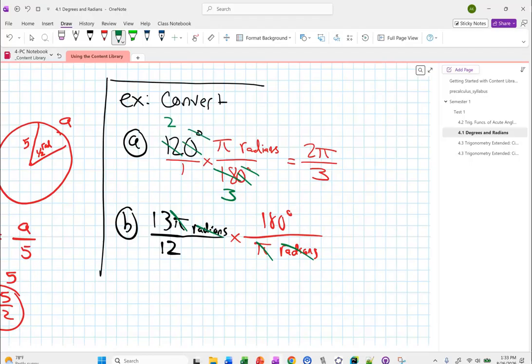Well, I know there's nothing in common between 13 and 12 because 13 is prime, right? How about between 12 and 180? Are there any common factors there? For sure 6, right? Should be easy to see that. So I know 6 goes into 18 3 times, so it goes into 180 30 times. Everybody's good with that? Mental math. Now 2 and 30. Anything in common there? 2. Okay, so that just gets nuked down.